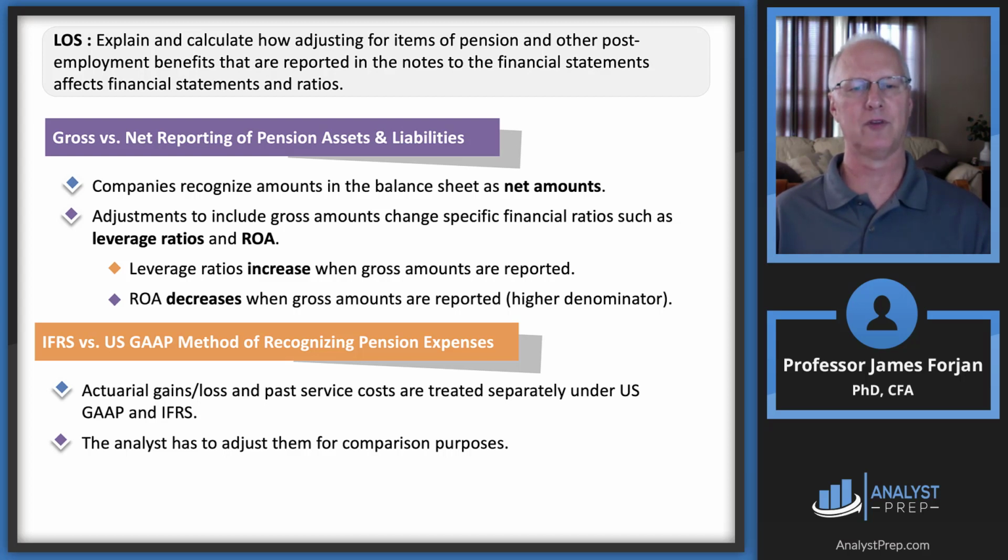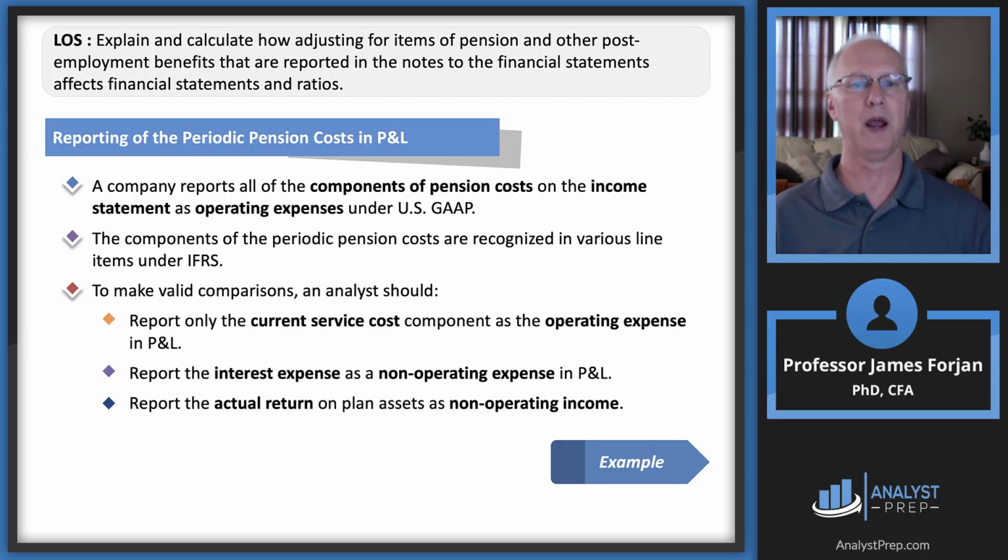Actuarial gains and losses and past service costs are treated separately under GAAP and the international standards, and so the analyst has to adjust them for comparison purposes. This goes back to what we talk about in all of these readings: when there's a difference between IFRS and GAAP, we need to make those adjustments to make sure that we're comparing apples to apples.